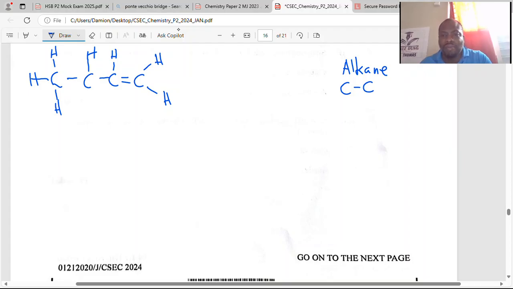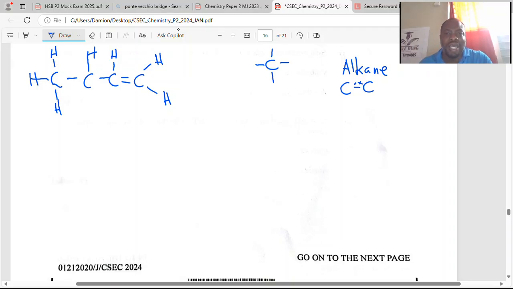Now, when you think of the carbon to carbon bond, we know this is a covalent bond where the carbons are sharing. So when you examine this bond, both these carbon atoms are sharing electrons. One thing we want to remember is that carbon has four valence electrons, and so it is capable of forming various lengths of carbon to carbon compounds.